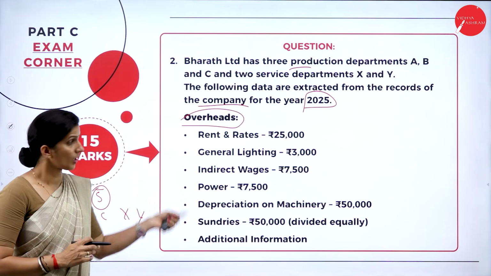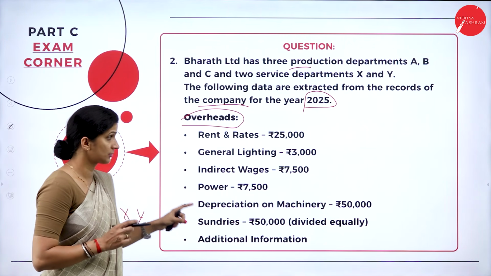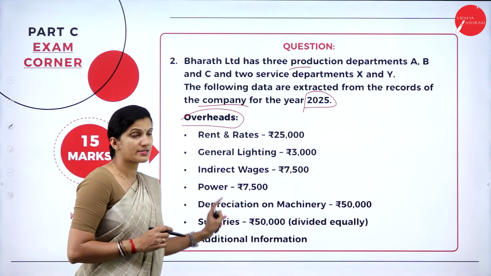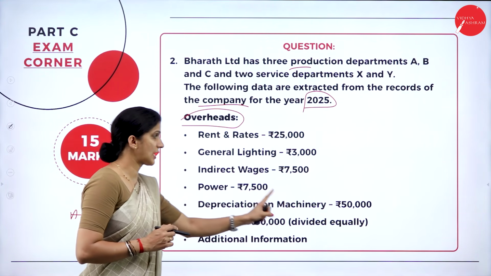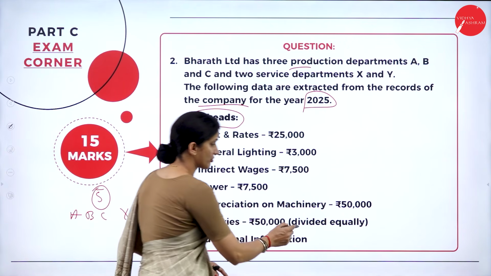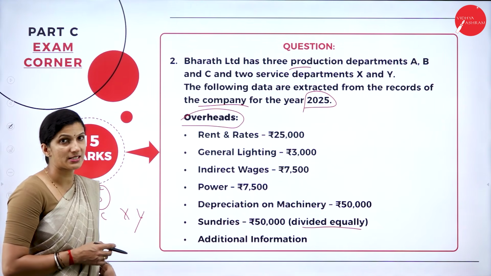It is given. The rent and rates 25,000, then general lighting 3,000, indirect wage 7,500, power 7,500, depreciation on machinery 50,000, sundries 50,000 which will be divided equally, and then the additional information is given.